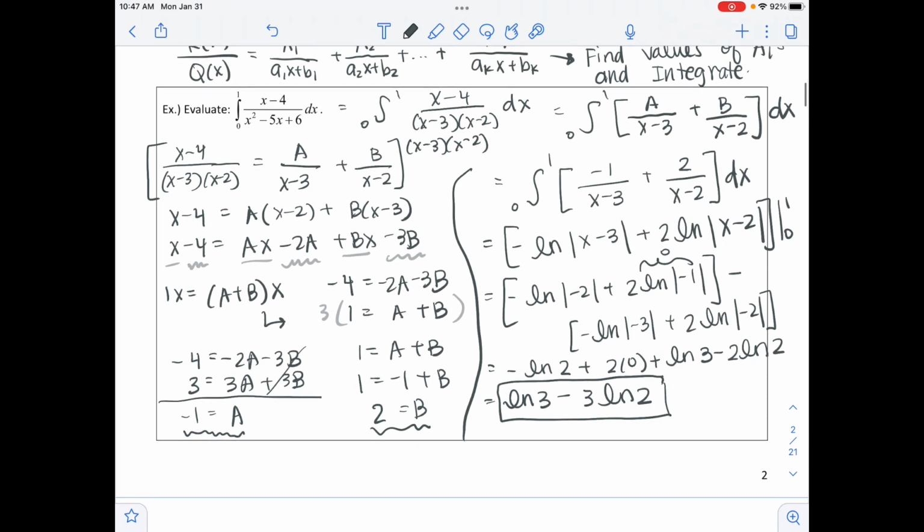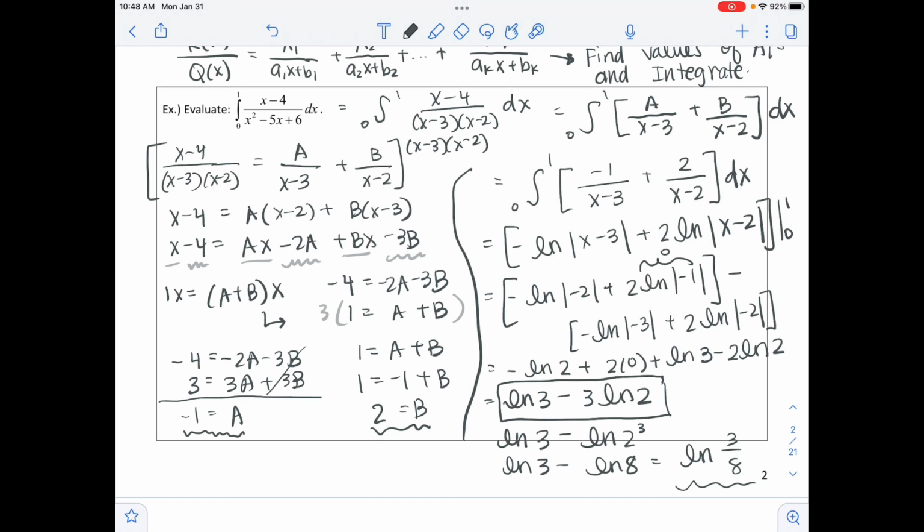So an equivalent way to write your answer, they could write it as ln of 3 minus ln of 2 to the third power, which would be the same thing as ln of 3 minus ln of 8. And you can combine logs together when you're subtracting and rewrite this as the natural log of 3 over 8. So again, this is equivalent to what I have boxed, and either one is appropriate for this class.